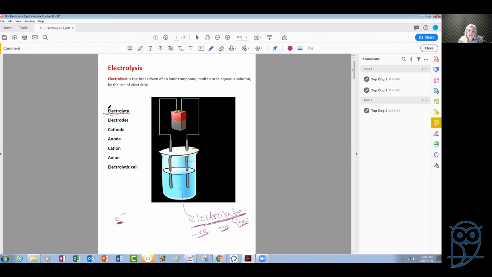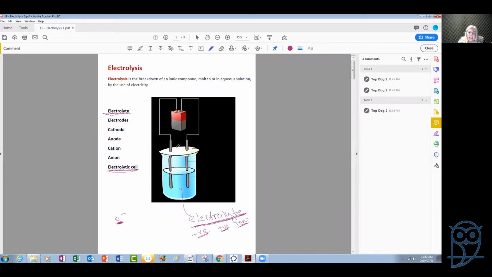Here in this column I have some important words that we need in electrolysis. As we look at these words one by one, we'll also look at this drawing, which represents an electrolytic cell. This apparatus is called the electrolytic cell. And in this electrolytic cell, what happens? The process of electrolysis.